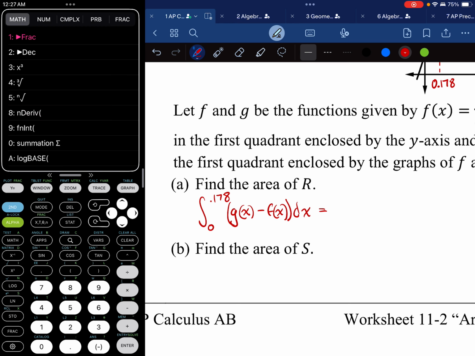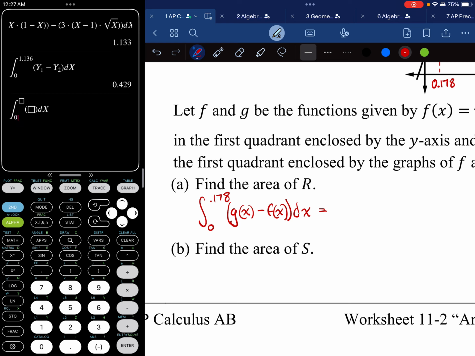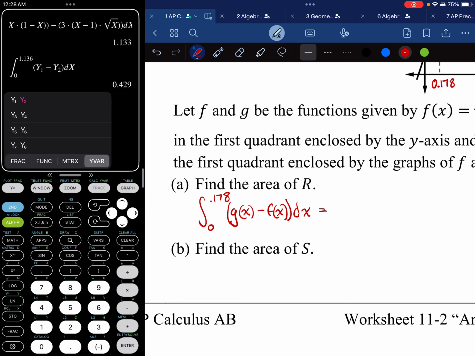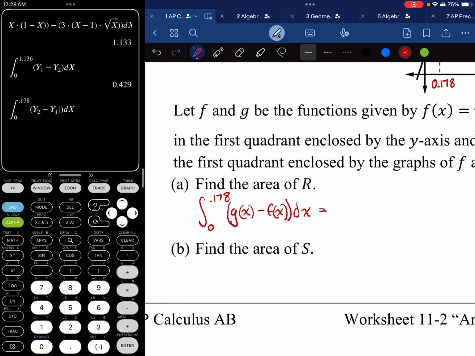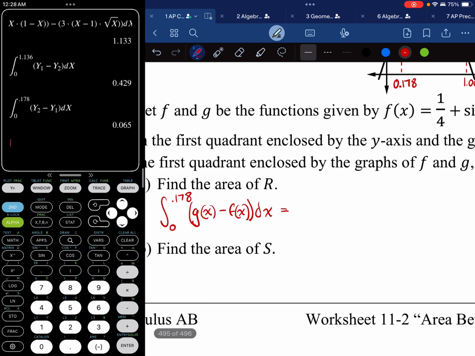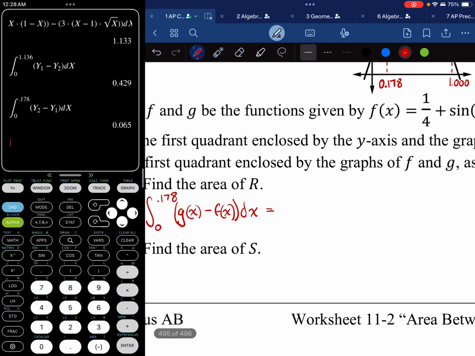It's going to be math 9 from 0 to 0.178 of y2 minus y1, so alpha trace y2 minus alpha trace y1. And I get 0.065, it's so small. Okay.